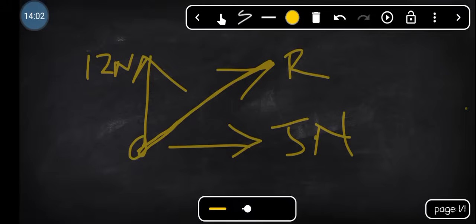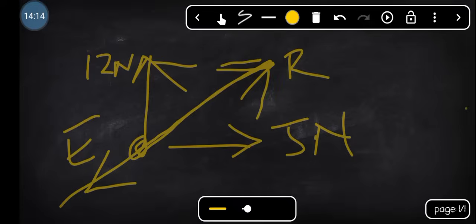The equilibrant is actually opposite in direction to the resultant force. Here we make use of Pythagoras' theorem, opposite squared plus adjacent squared equals hypotenuse squared, because the resultant force is the hypotenuse.